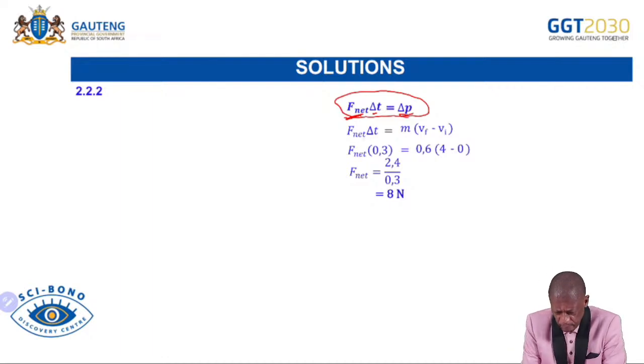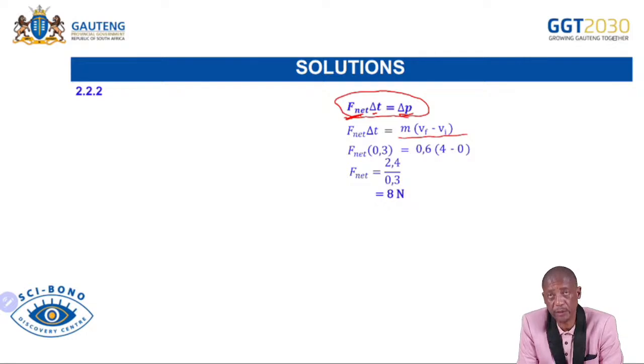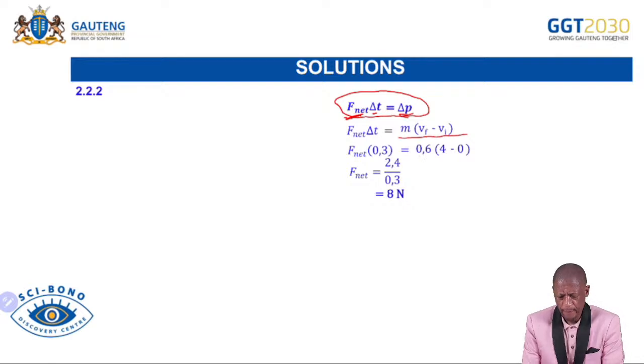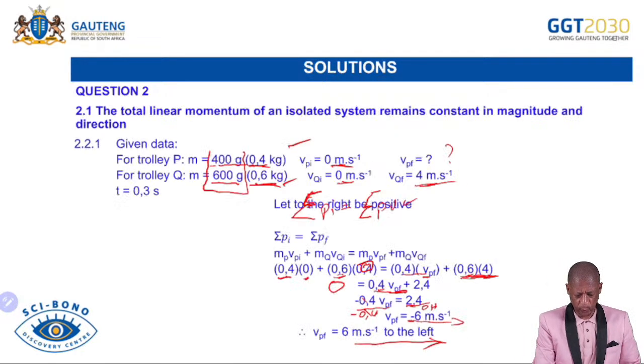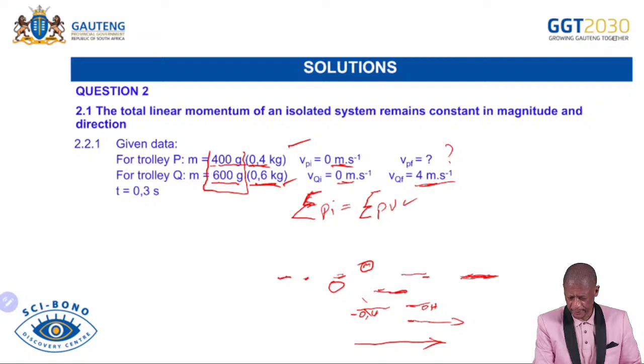So how do we do change in momentum? We know this is the formula to calculate change in momentum. Now, the time we are given is 0.3. This is the time given. Which object do they say we need to calculate? Let us go back a bit faster.